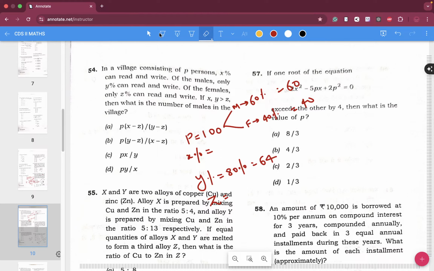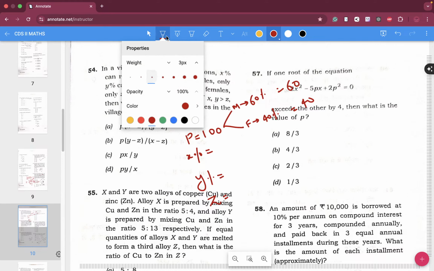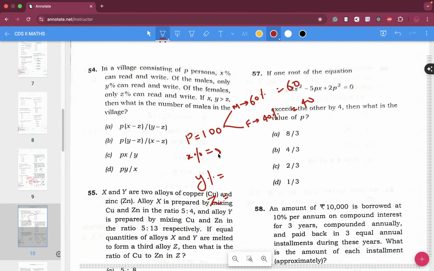This total population value we will not work out with. So let's say the total population, which is your 80%, which means out of 100, 80 people can read and write.